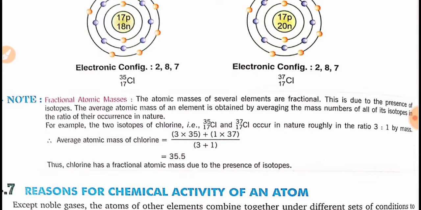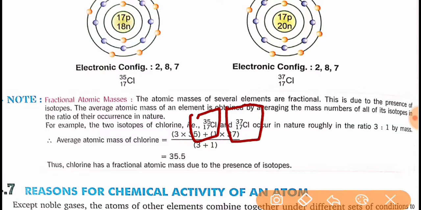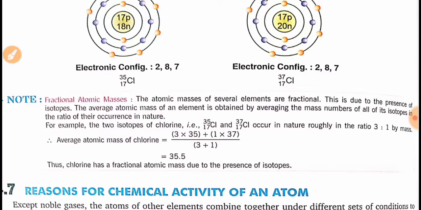If we obtain these from soil or anywhere they are found, the ratio of Cl-35 would be 3. It means in every 4 chlorine atoms, the first 3 are this, and only one of them is the other one, so that's why we take their average.